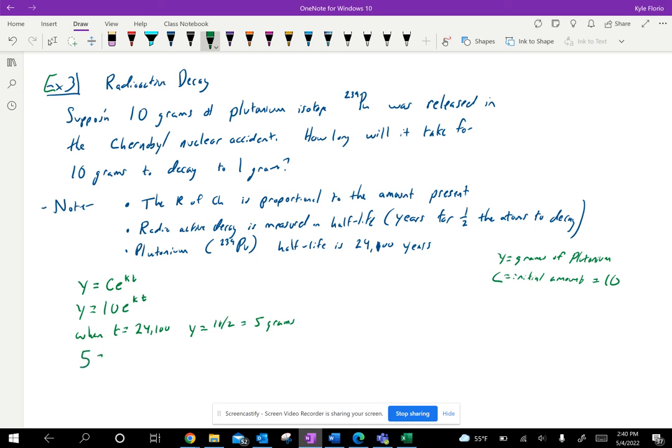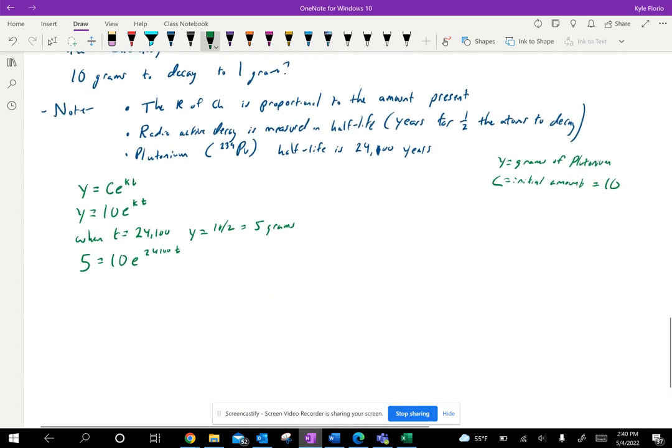I'm going to replace y with 5. So 5 equals 10 times e to the k times 24,100. So let's divide both sides by 10. 5 over 10 is the same thing as 1/2, by the way.